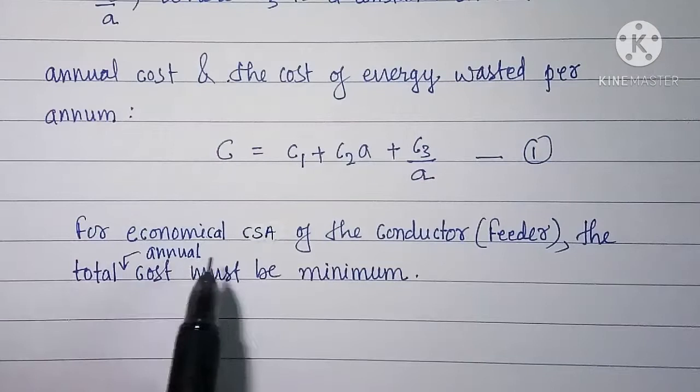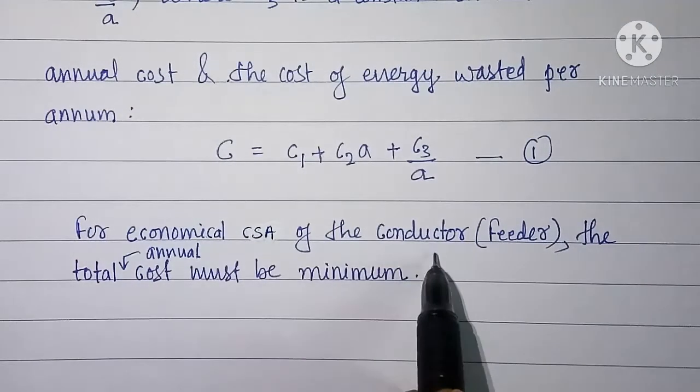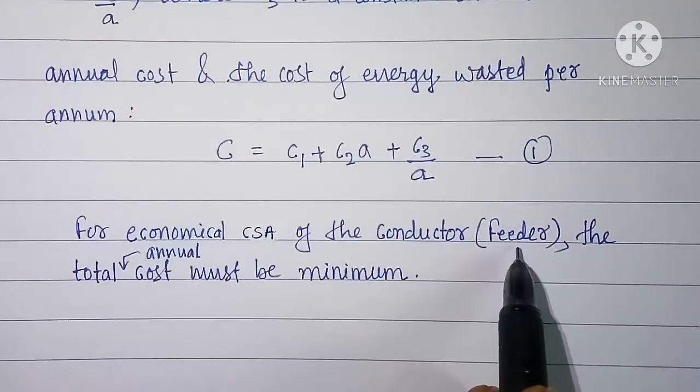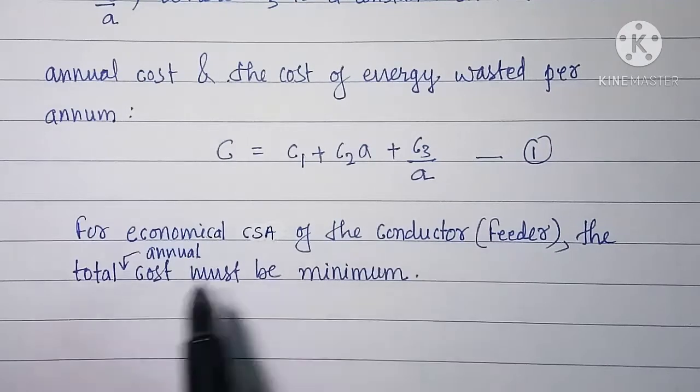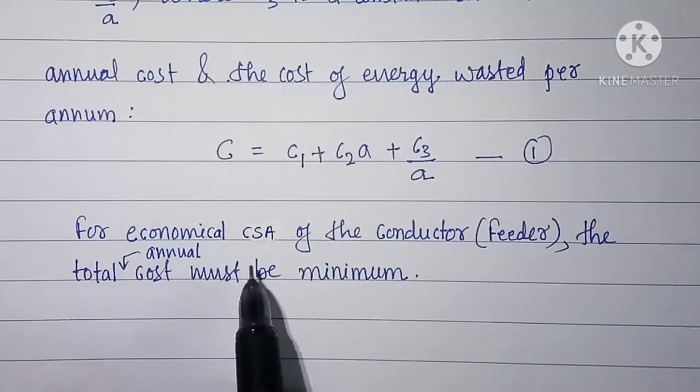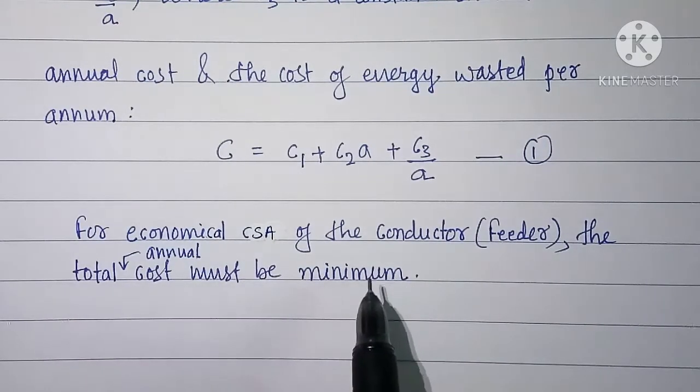For economical cross-sectional area of the conductor, that is feeder, the total annual cost must be minimum.